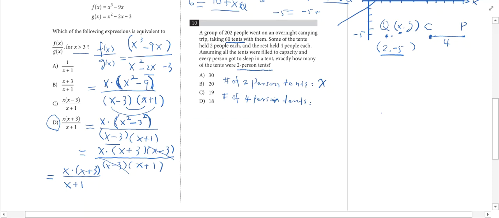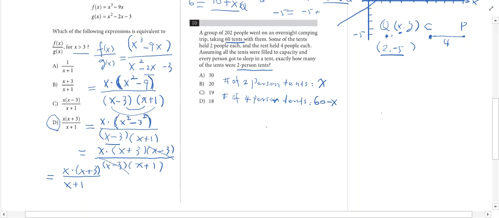So if you have x tents for 2 persons, you're going to have 60 minus x tents for the 4 persons, right?